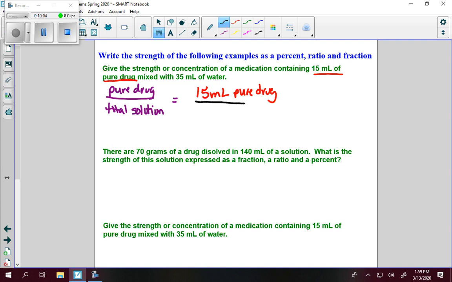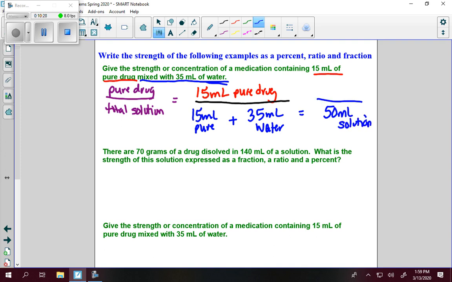And then it says it's mixed with, and here's the tricky part, mixed with 35 milliliters of water. It didn't say total solution, so it's just the water. So I have the 15 milliliters pure plus the 35 milliliters of water to obtain a 50 milliliter solution.